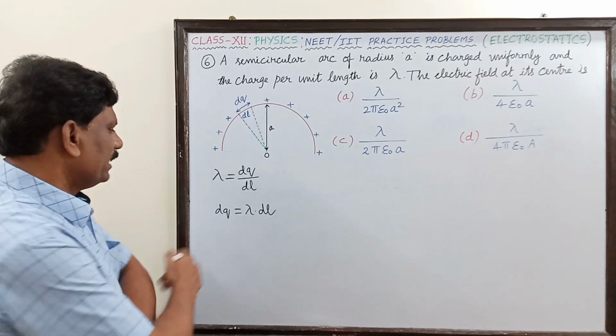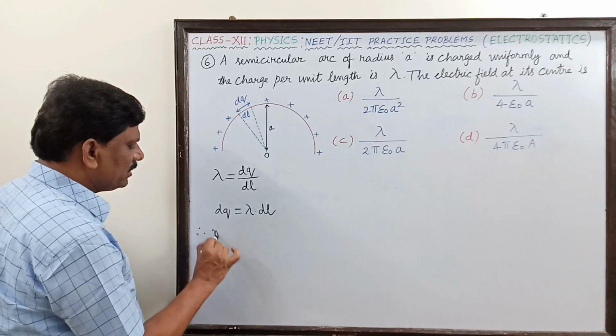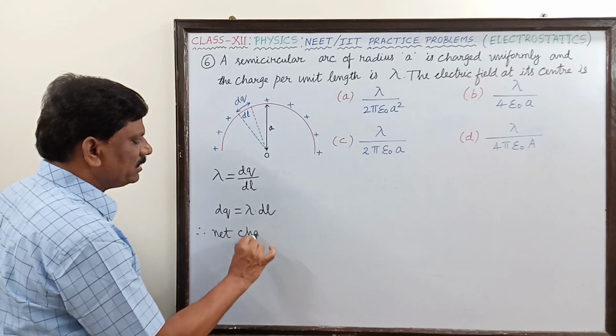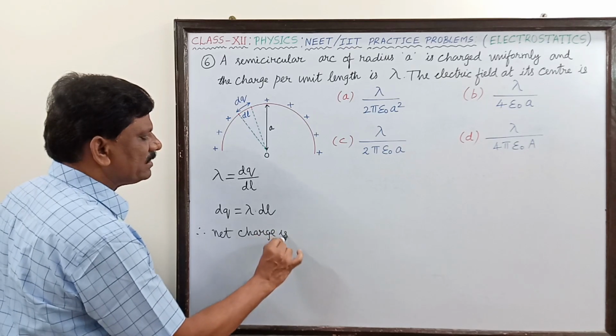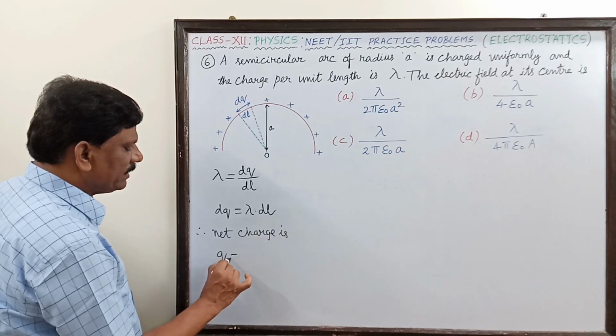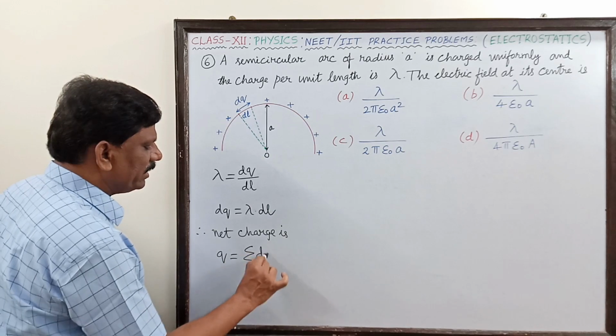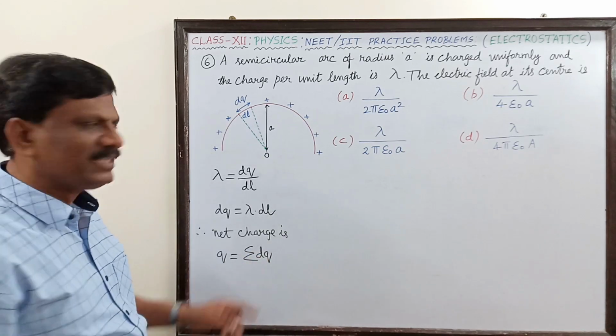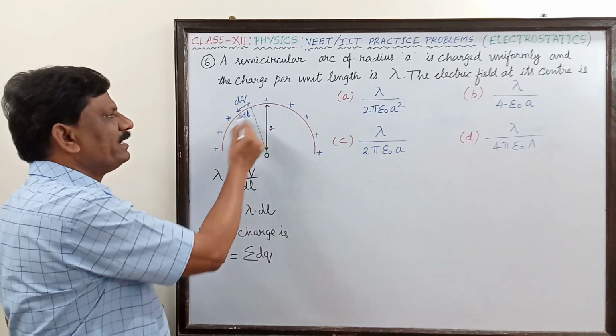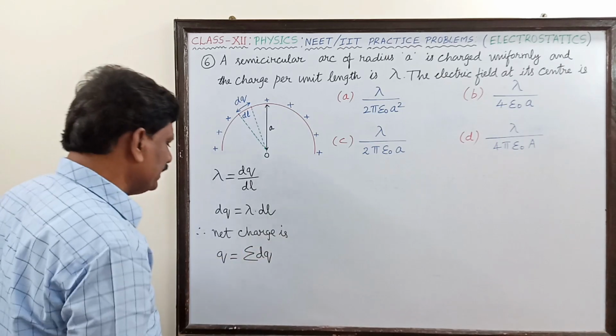Therefore the net charge in that semicircle is taken as Q. Q is equal to sigma dq, the summation of all the charges present in each element that has to be added.